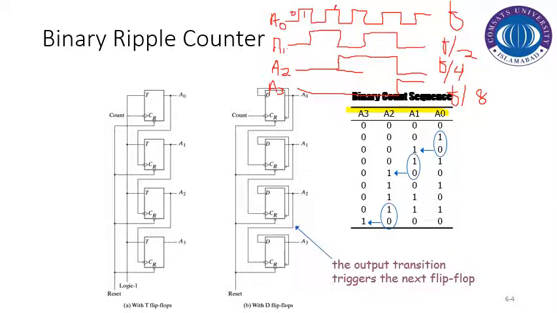So whenever there is a transition from 1 to 0, for example, if you see this particular case, the next output is triggered. So if you see that the output was 0, but whenever there was a transition from 1 to 0, the output is flipped to 1. Now if we see the next possible pattern here, whenever there is a transition from 1 to 0, the next output is triggered, which means that this is the active low or the falling edge.